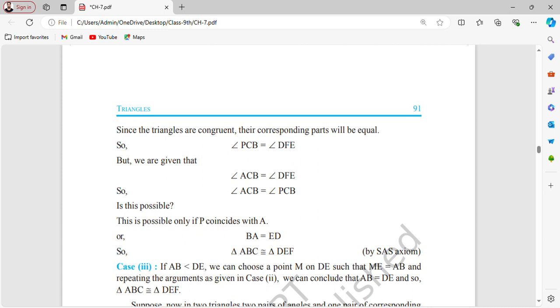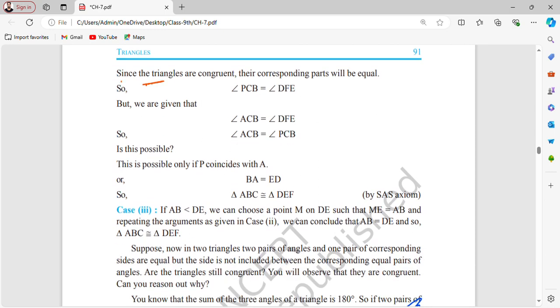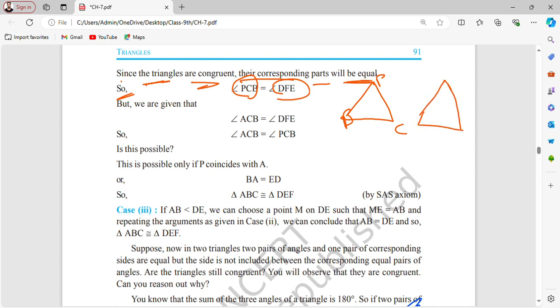Since the triangles are congruent, their corresponding parts will be equal. So by CPCT, corresponding parts of congruent triangles, angle PBC is equal to angle DEF. Suppose this is triangle PBC and this is triangle DEF.